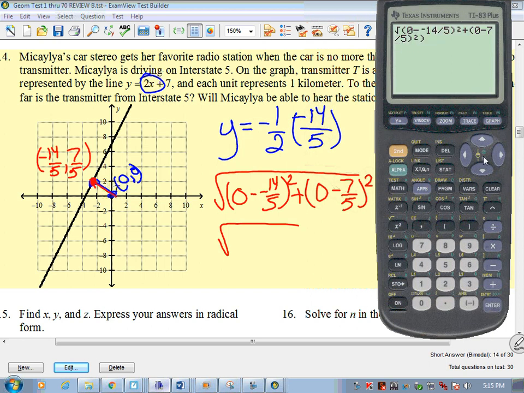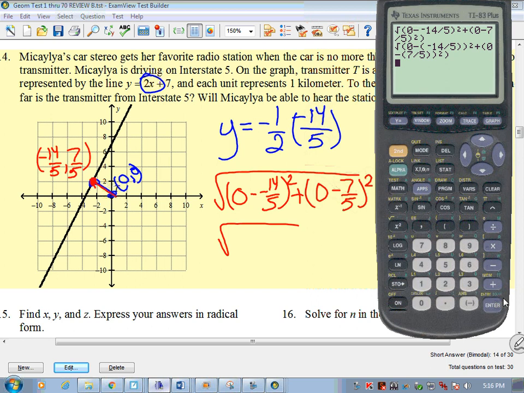Evidently didn't work. Evidently there's a misuse of parentheses, so let's do 0 minus negative 14 divided by 5 squared plus 0 minus 7 divided by 5 squared. Try this one out. No, still not working.